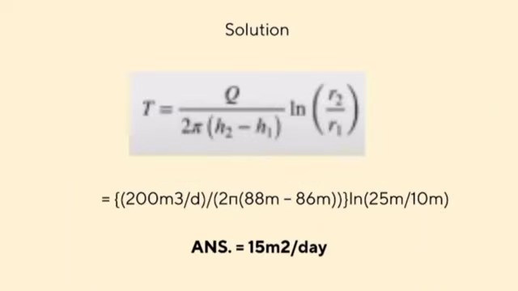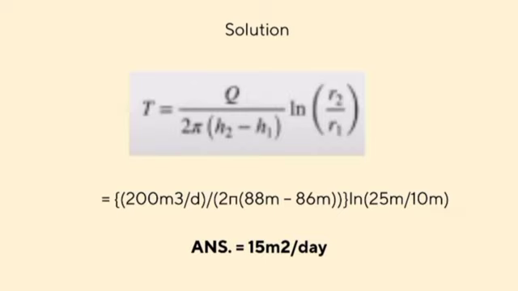So, substitute lang natin sa equation. Transmissivity equals Q over 2 pi divided by H2 minus H1 ln R2 over R1. So Q ang water flow, rate of water flow, which is 200 cubic meter per day. And ang H sub 2 natin, 88 meters, and H sub 1 natin, 86 meters.